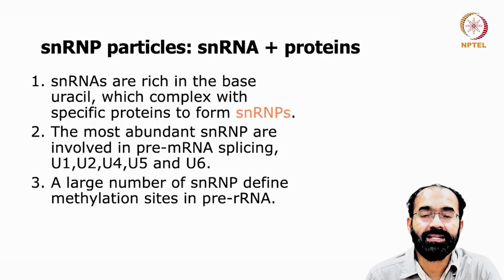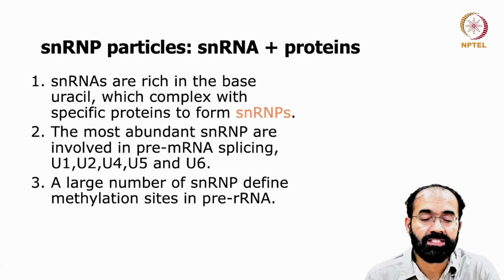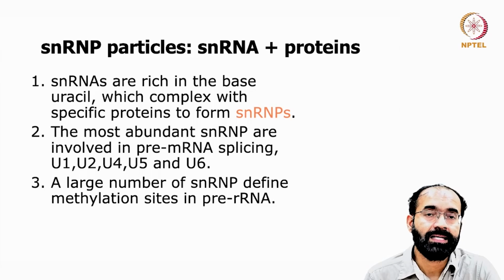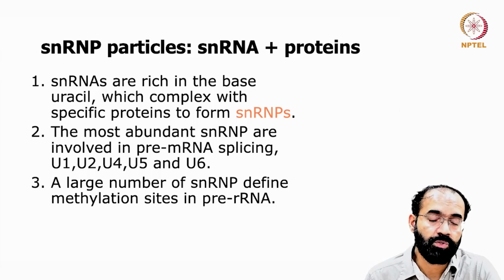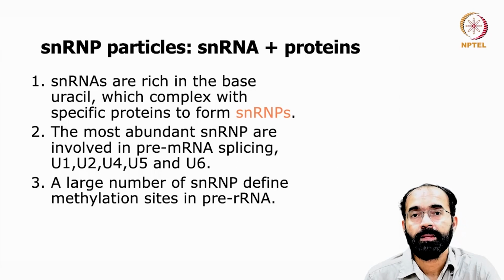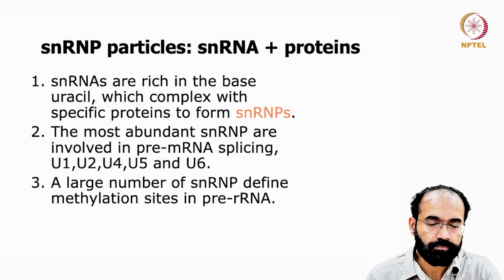And the most abundant snRNPs are involved in the pre-mRNA splicing. What are they? U1, U2, U4, U5, U6 snRNA. Since they are abundant in uracil, they have been given the names U1, U2, U4, U5 and U6. So these are the major snRNAs that participate in the pre-mRNA splicing.